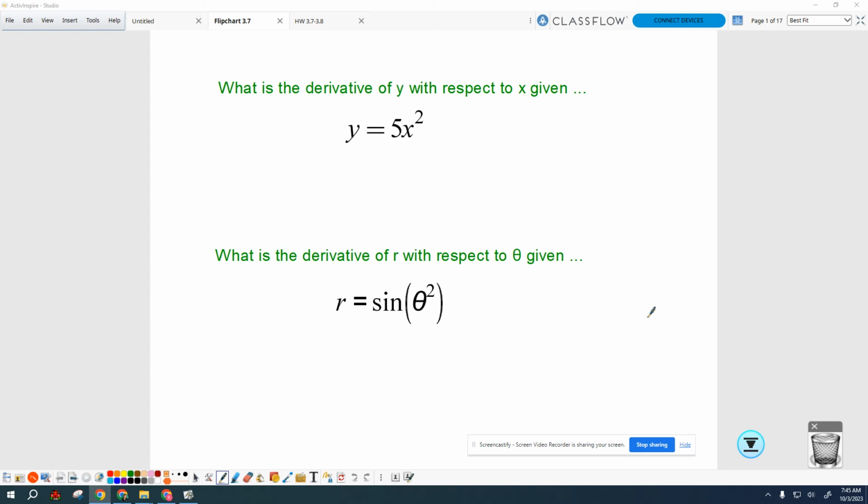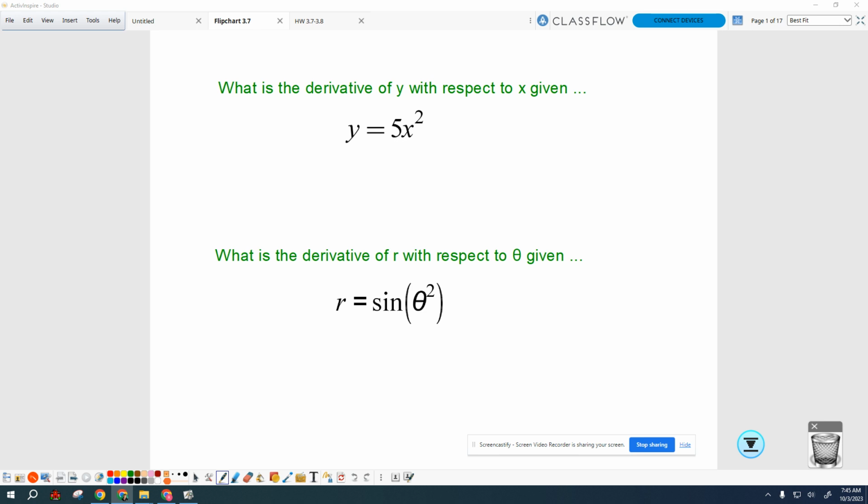So there's a warm up. Write it down. Give it a try. Okay. Chain rule. Wait, it's being recorded. Oh, okay. Differentiation. Implicit differentiation.